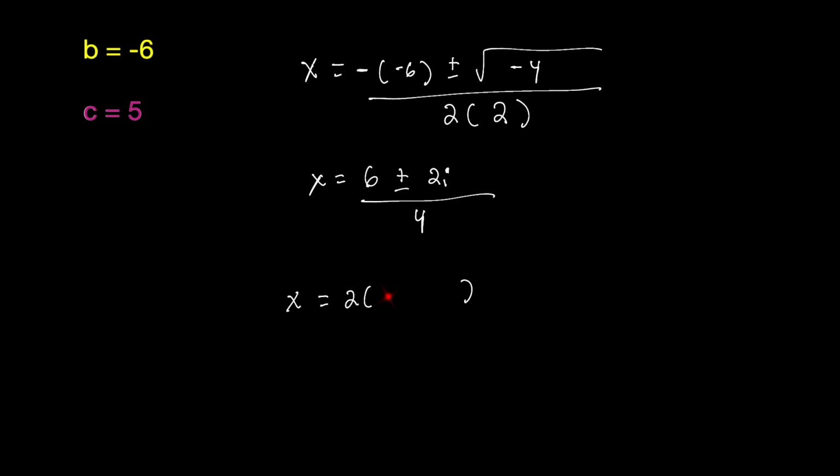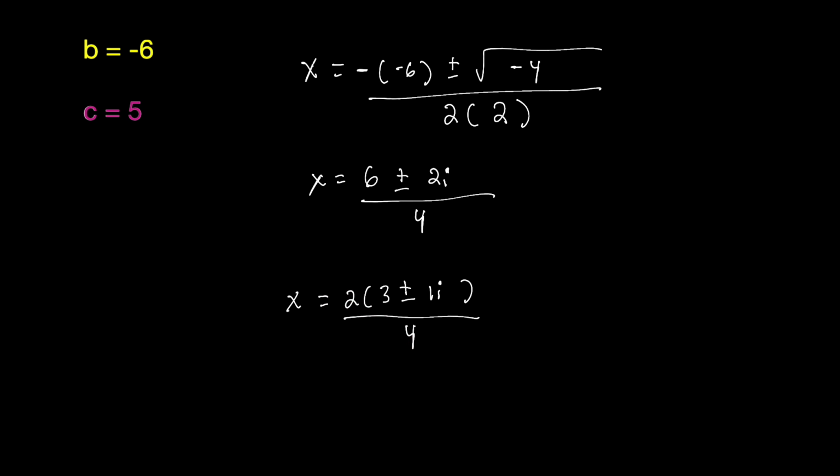And to determine what's going to go inside of the parentheses, I'm going to divide each value by whatever it is that I factored. So 6 divided by 2 is going to give me 3. We have plus or minus. And then 2i divided by 2 is going to give me 1i. All over 4. It's at this step that we're going to look at the denominator.